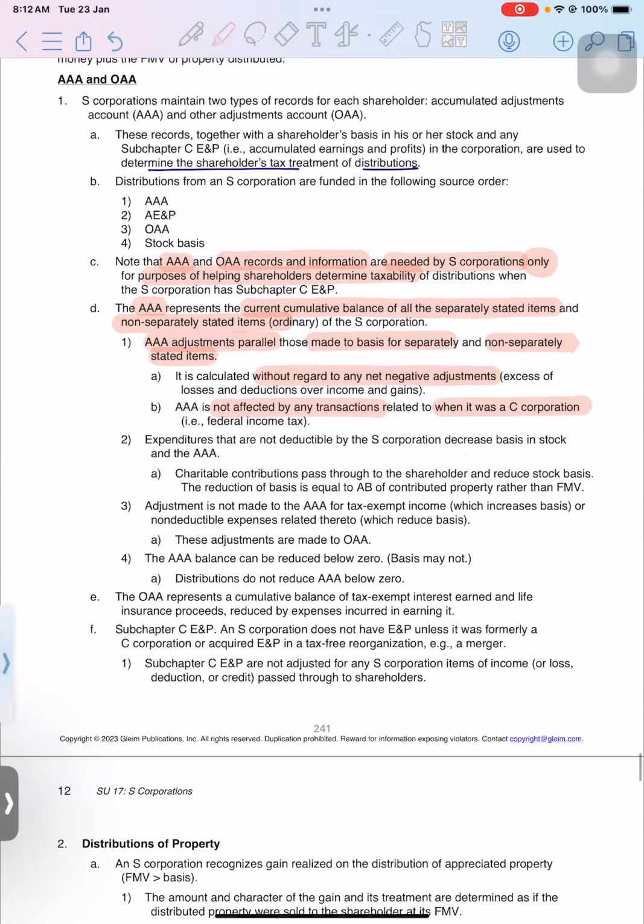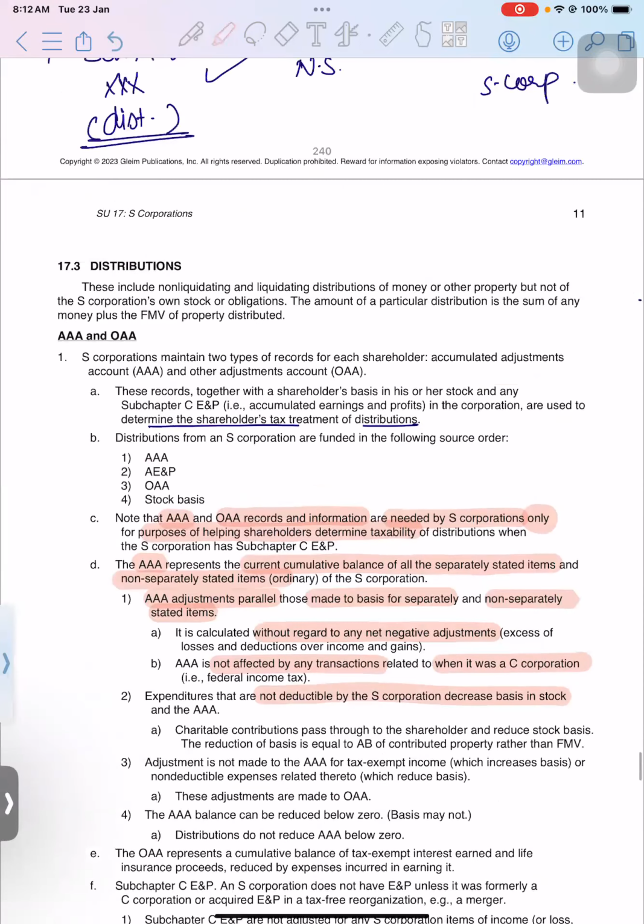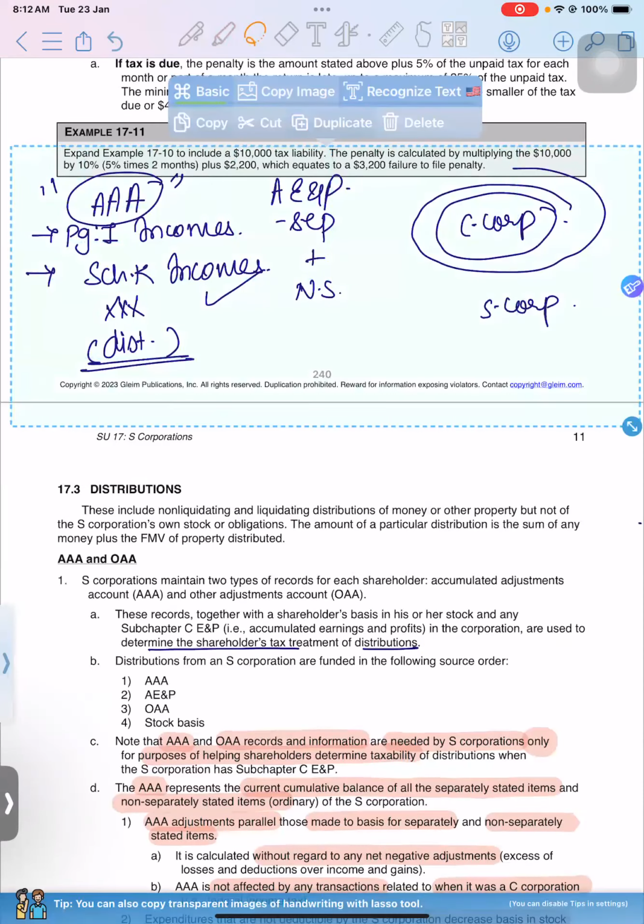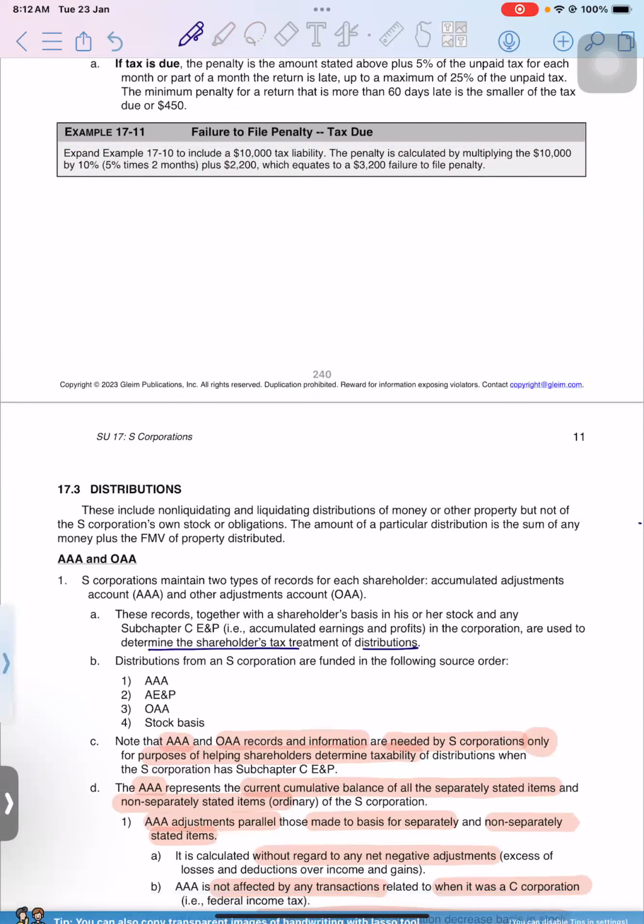So expenditures that are non-deductible by the S corp will decrease the stock basis and AAA. So let me reframe the formula of AAA. AAA is nothing but all your separately stated items. This can be income and expense both: interest income is a separately stated income, a charitable contribution is a separately stated expense.